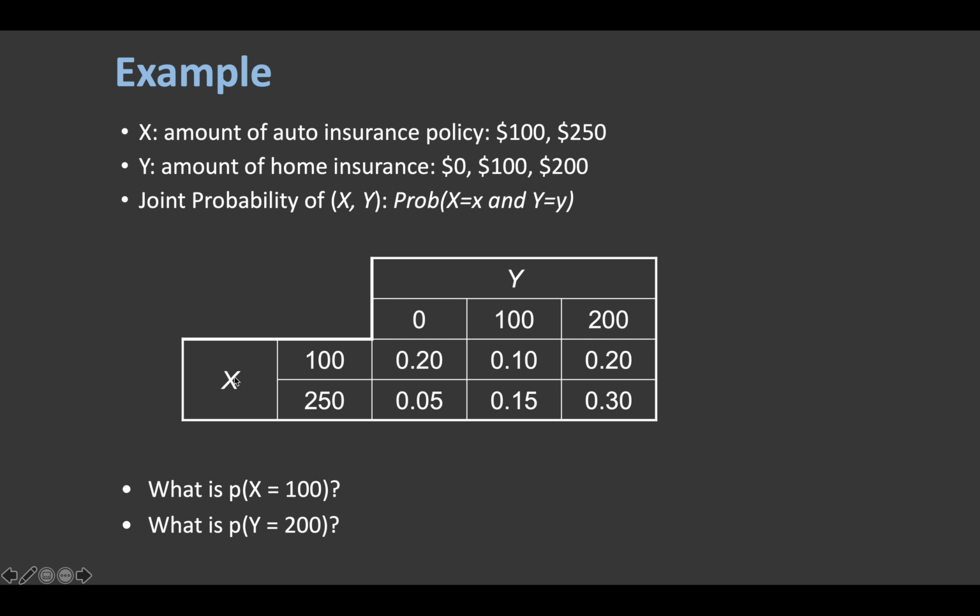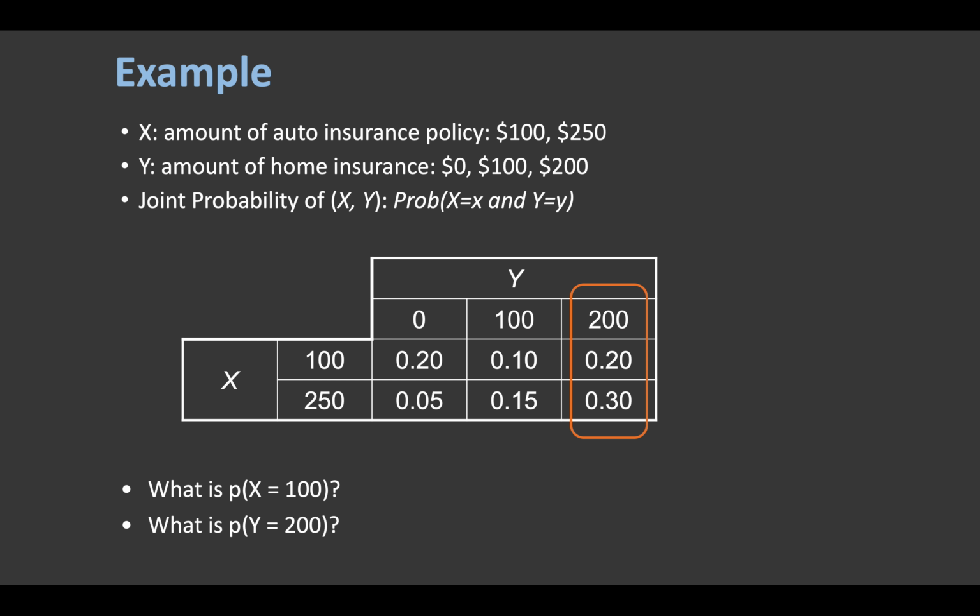As long as x is equal to 100, that's fine. We just add them all together. So we're looking at this row here. This is P(x = 100). We add 0.2 plus 0.1 plus 0.2, which gives us 0.5. So 50% chance. That's P(x = 100).